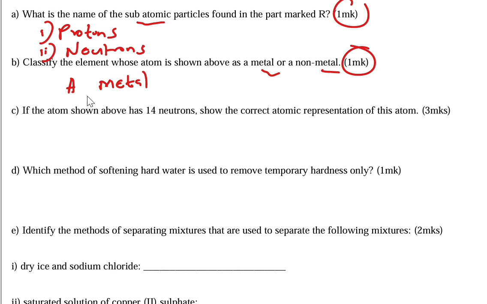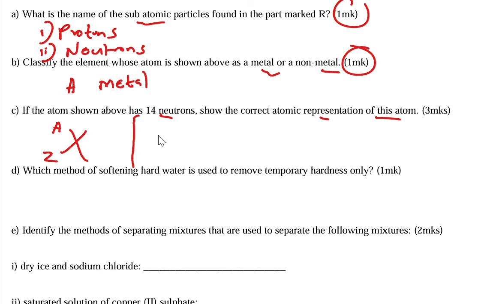Part C. If the atom shown above has 14 neutrons, show the correct atomic representation of this atom. In here, about representation, if you have, for example, an atom, maybe you can use X. Here we put the mass number A, and here we put the atomic number Z. It has 14 neutrons.